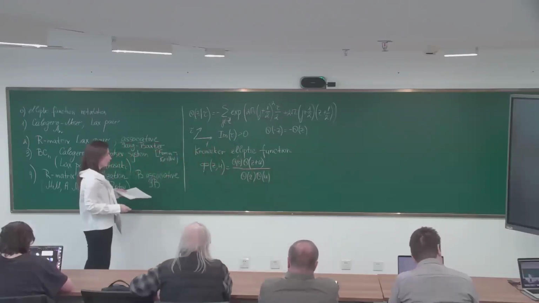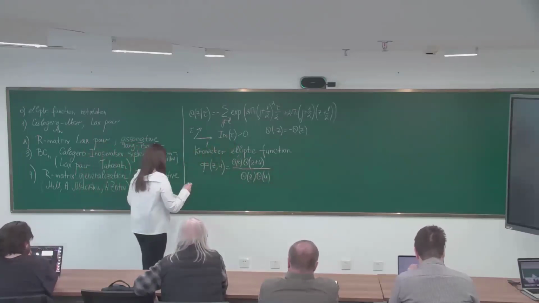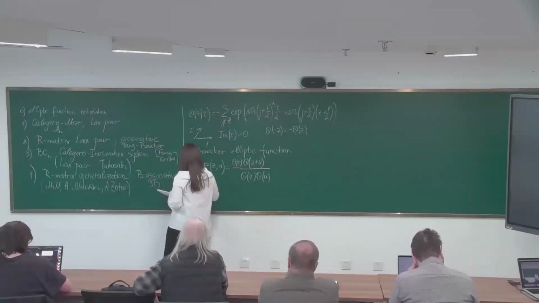This is the definition for Kronecker elliptic function, and it has the following quasi-periodic properties.